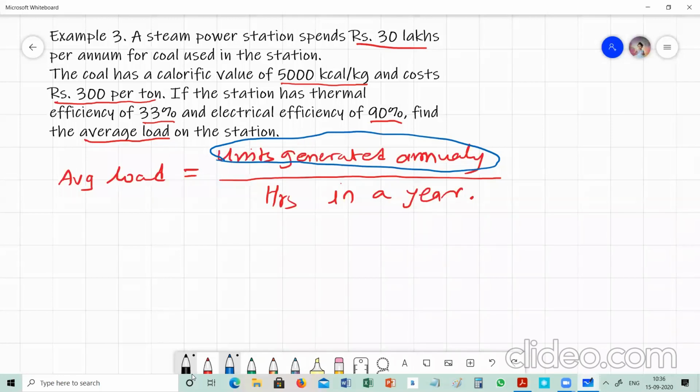So they have given data: efficiency of thermal part is equal to 33%, means 0.33, and efficiency of electrical part is 90%, 0.9.